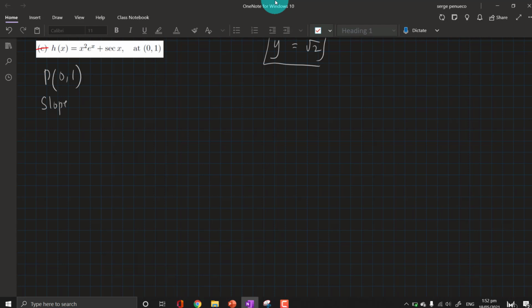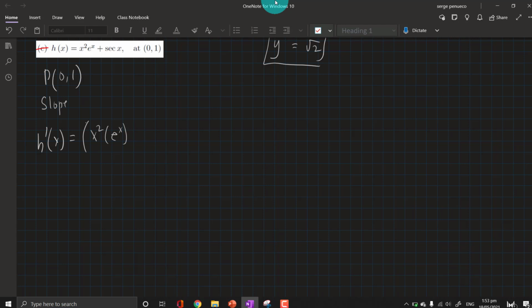So, this is a product, x squared e raised to x. So, h prime of x is equal to, pwedeng i-direct na natin ito, okay? So, that will be x squared, this is our u, multiplied by the derivative of v which is e raised to x. Ang derivative nito is e raised to x.